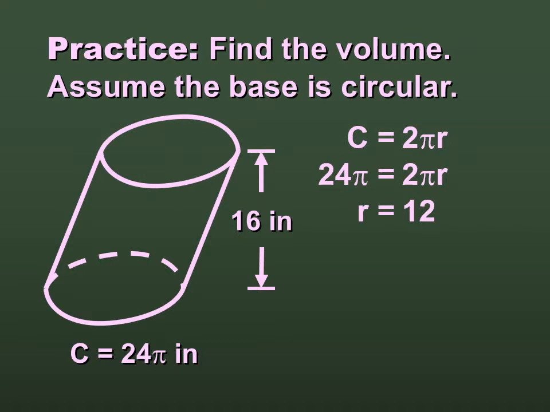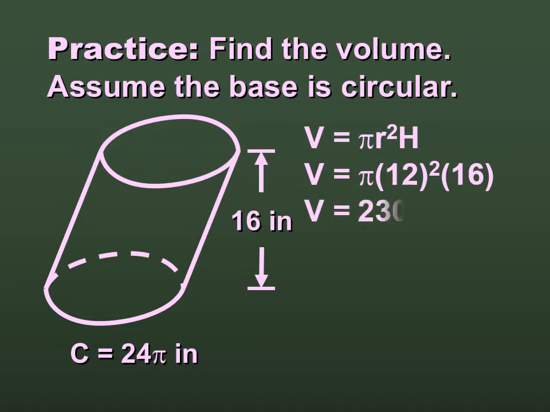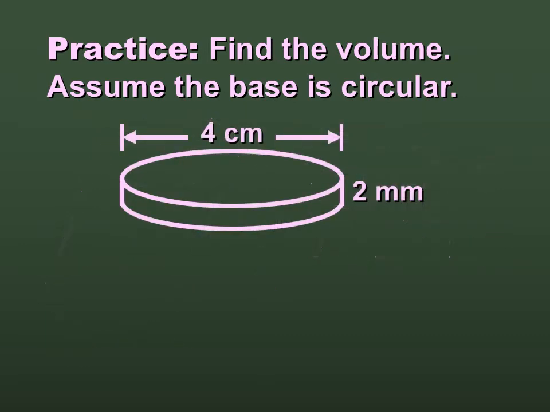Now that we have our r, we can use our formula for volume. Volume is pi r squared h. We know r is 12, so in our calculator, 12 squared times 16 gives us 2,304. Then 2,304 times pi gives us approximately 7,238.2 inches cubed.